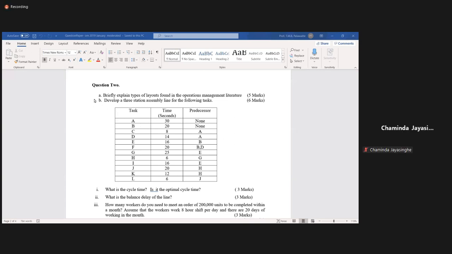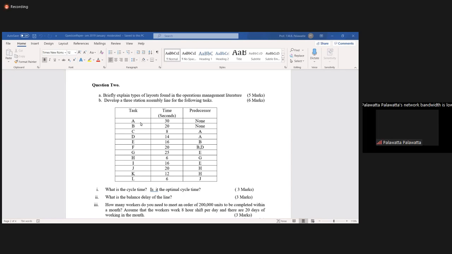Here this question is: develop a three-station assembly line for the following tasks. A and B take and respectively, and they don't have predecessors.